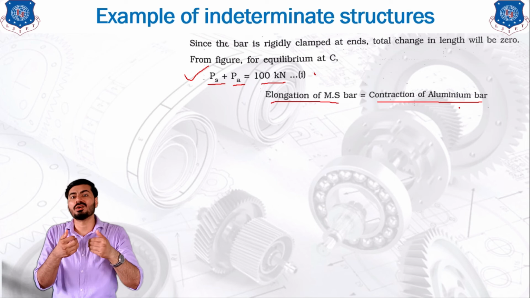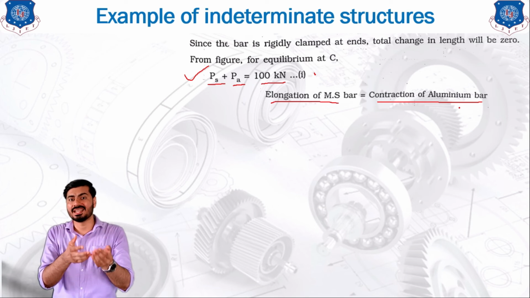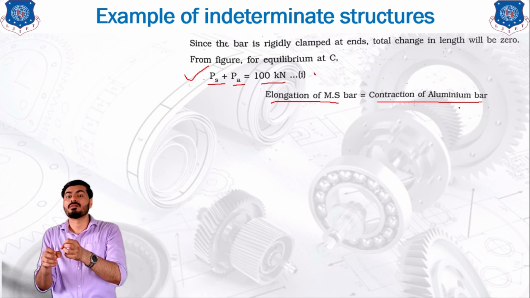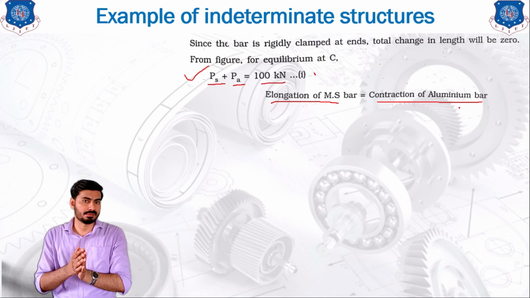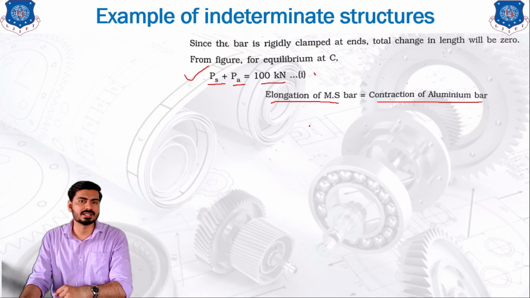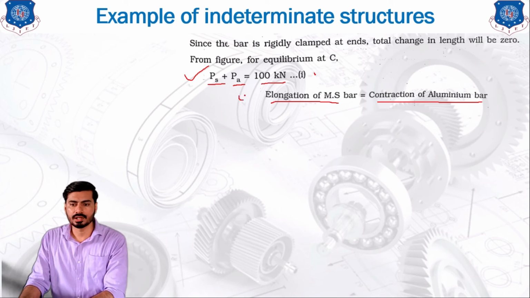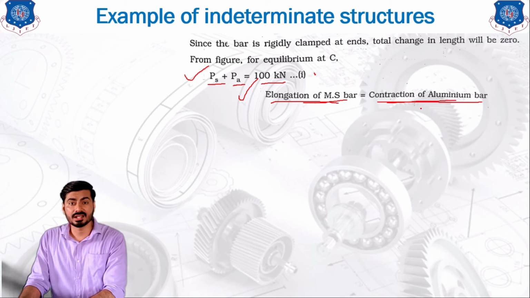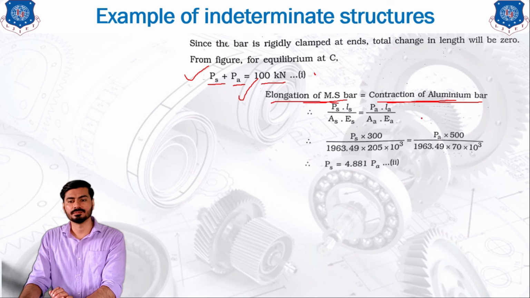So whatever the elongation of the first material is, the same contraction will be there of the second material. That's why we have taken that logic in order to solve this type of example. So particularly, the elongation of the MS bar is the contraction of the aluminum bar. This is our second relation to solve this type of example.